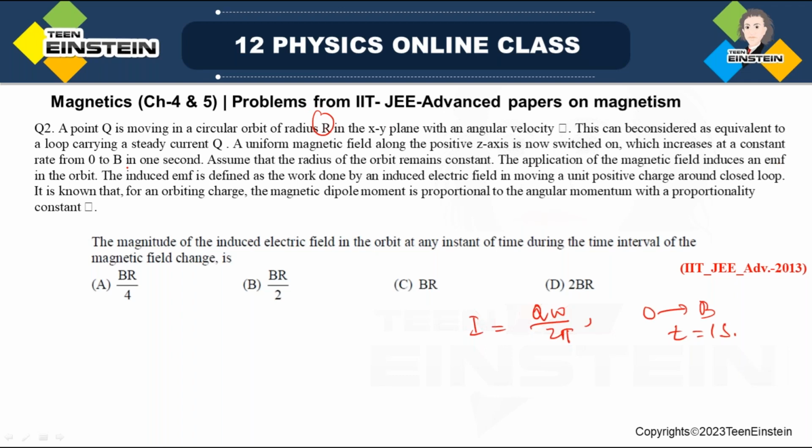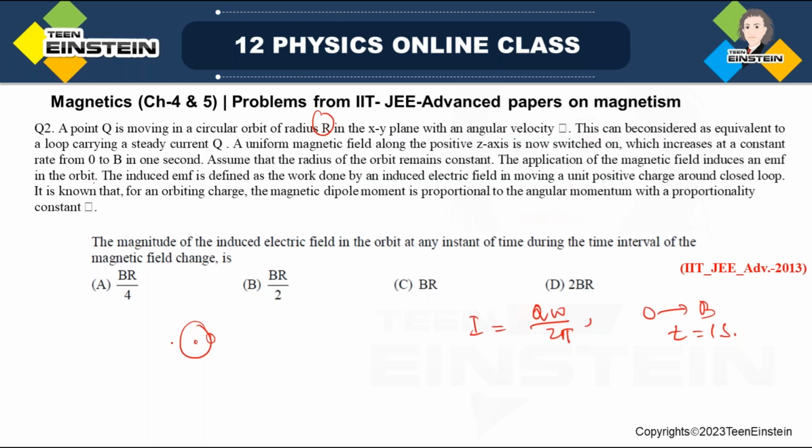The application of the magnetic field induces an EMF in the orbit. The induced EMF is defined as the work done by an induced electric field in moving a unit positive charge along the closed loop. That means when the field is changing, while moving the charge along the circular orbit, you have to apply a force against the EMF developed.